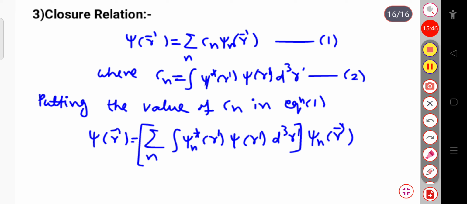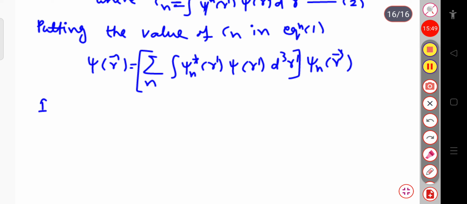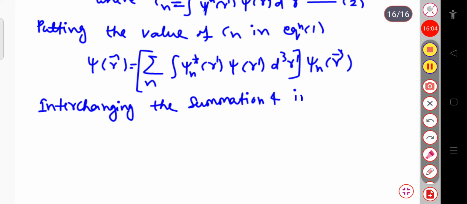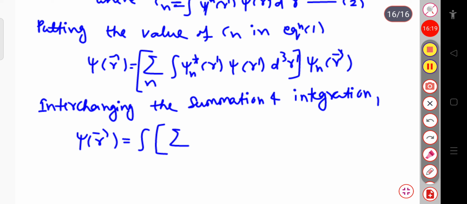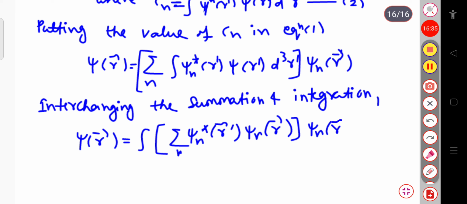So now, interchanging the summation and integration, we can write psi of r equal to, in place of the summation I will write the integration, and in place of integration I will write the sum over n, psi n star r prime psi n r into psi r prime dq r prime. This is your equation number 3.